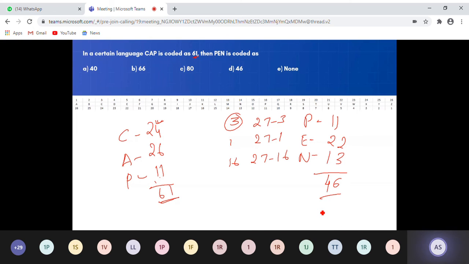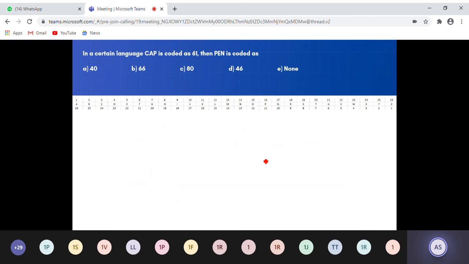Answer option D, 46. So first you check if it's in the series 1, 2, 3, 4 or in the reverse series. In one of these, you definitely get the answer. The next one.